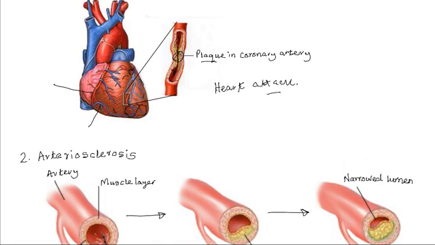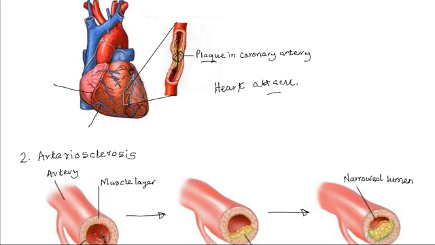The hardening of the blood vessels results in permanent damage, because as the blood vessel walls become thickened, they lose their elasticity. And this loss of elasticity will interfere with the normal functioning.